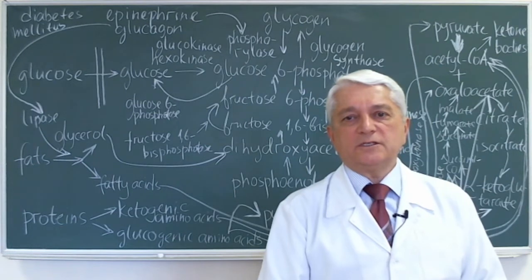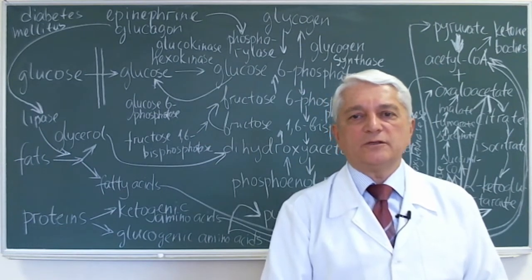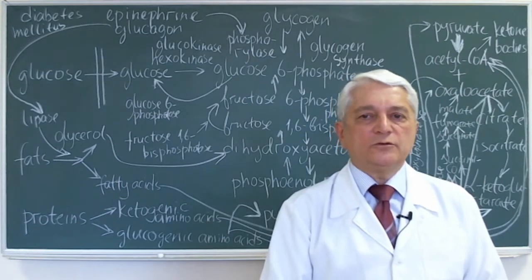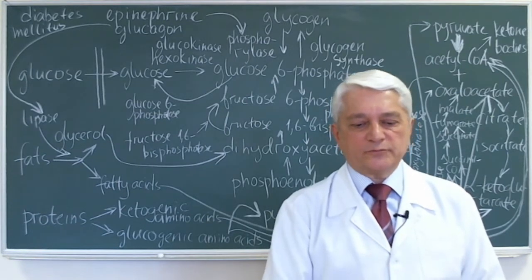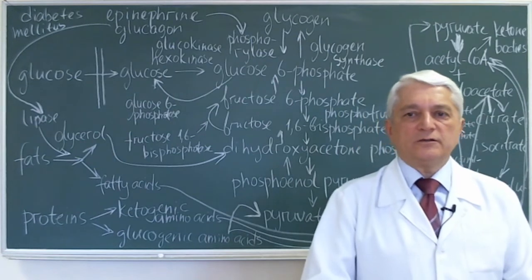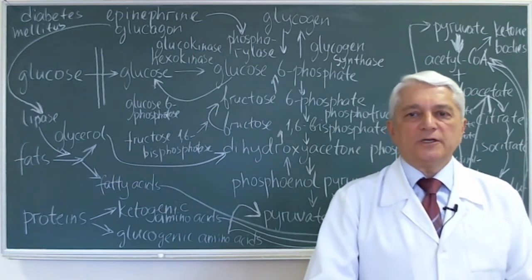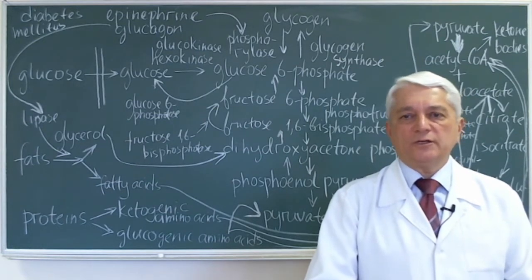Scientifically, this disease was described in the first century by two Roman physicians, and they gave this name diabetes because the patient is producing a lot of urine, a lot of water.